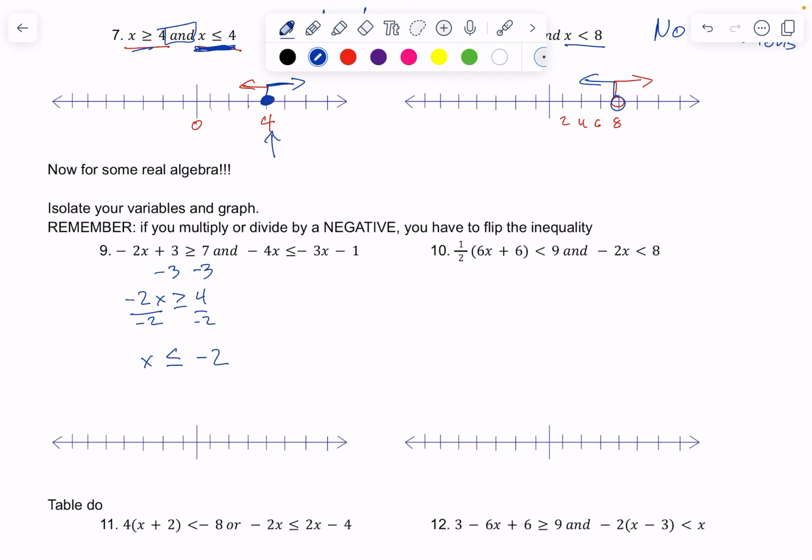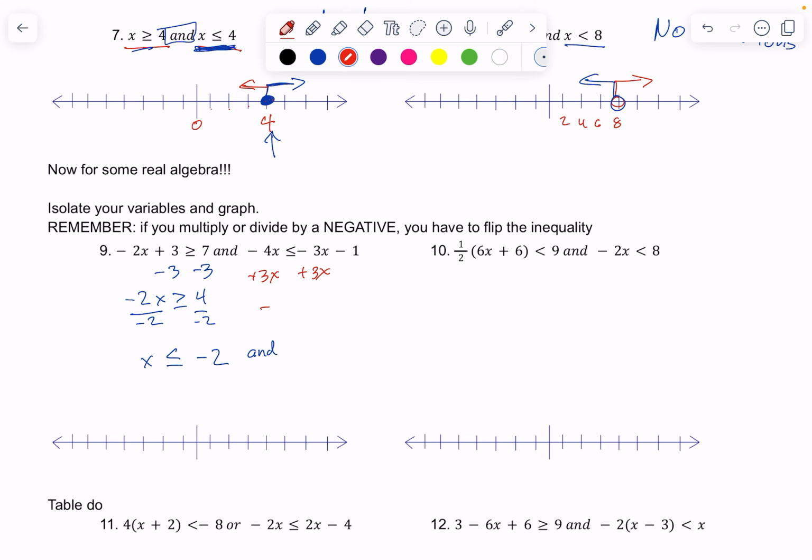I still have an AND statement. So let's do the other side. Negative 4x is less than or equal to negative 3x minus 1. I can just bring over the x's actually. Plus 3x, plus 3x.